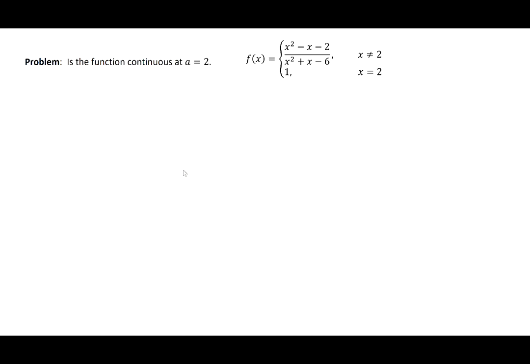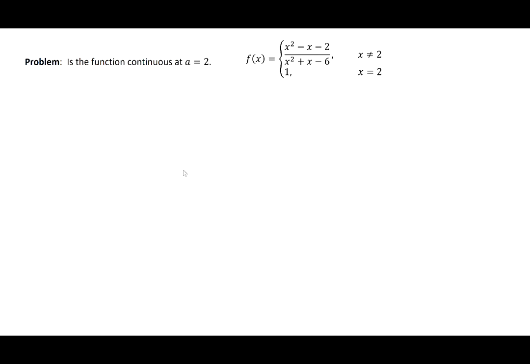Now I'm asking, is this function continuous at a equals 2? Can you tell me what your procedure ought to be? What's the definition of a function being continuous at a point? A function f is continuous at a point x equals a if the limit of f of x as x approaches a equals f of a.